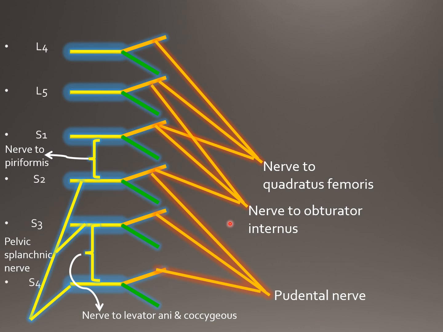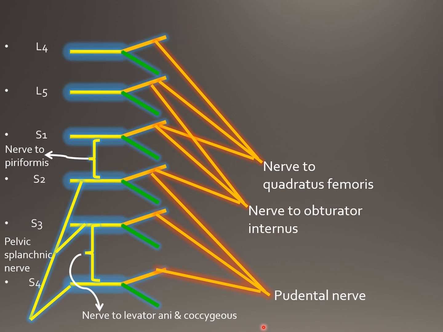The next branch, ventral branch of ventral rami of S2, S3 and S4 joins to give pudendal nerve. So pudendal nerve is one of the terminal branches of the sacral plexus. This nerve comes out through the greater sciatic foramen and then enters the dorsal aspect of the ischial spine, then enters into the lesser sciatic foramen.